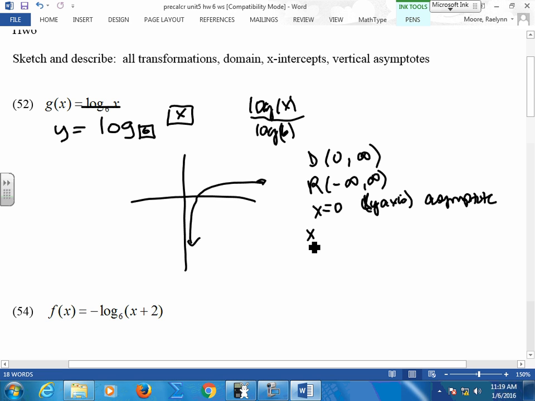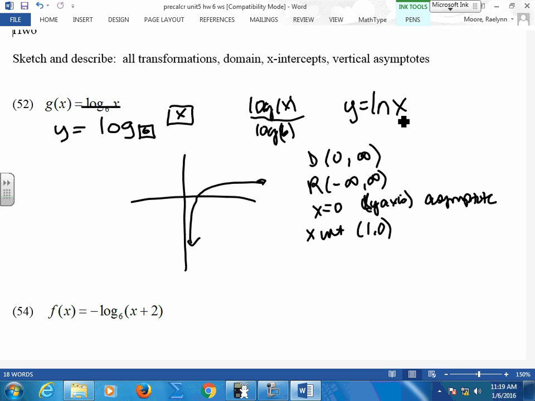And your x-intercept is 1, 0. All your logs, whether they're ln's, base 2, anything, work like this. This is the sketch we'll make. These are the attributes we'll give them. Of course, as the base gets larger, they ride a little closer to the axes, but for our sketch, this is fine.